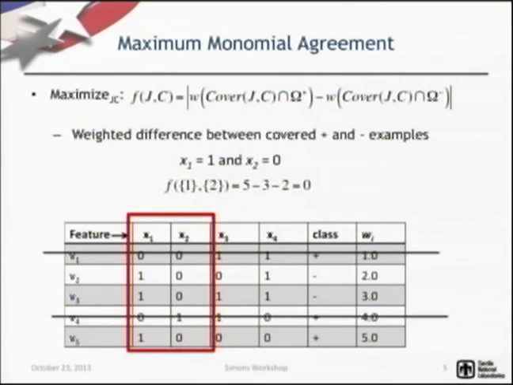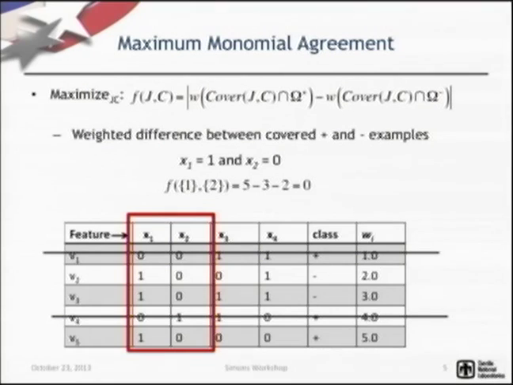And the maximum monomial agreement problem is to try to pick out a subset of the features, positive and negative, that amongst the covered variables maximally distinguishes between the positive and the negative examples. So in this particular example, if we want x1 to be 1 and x2 to be 0, we look at the 3 vectors that correspond to it, and we consider their weights.